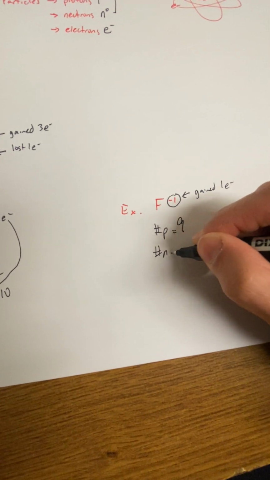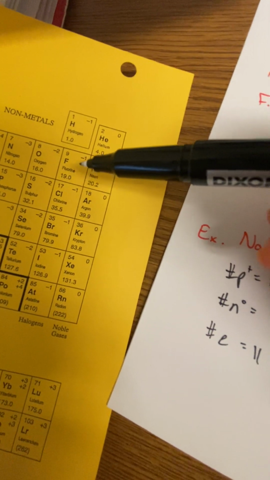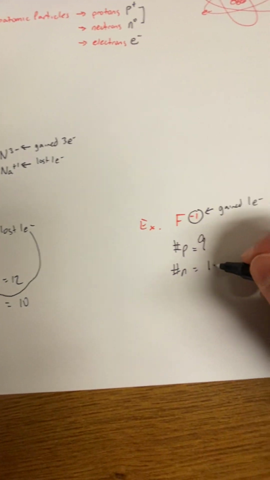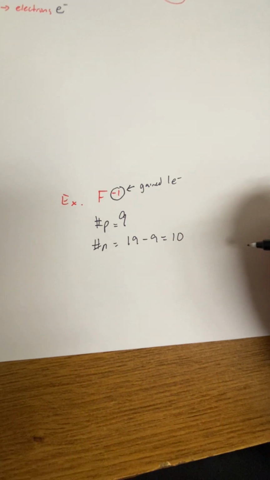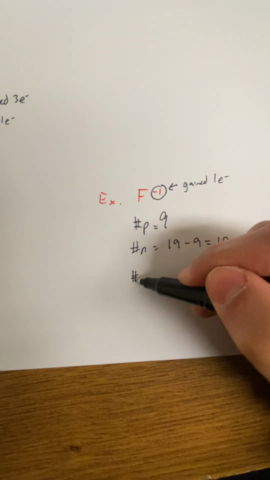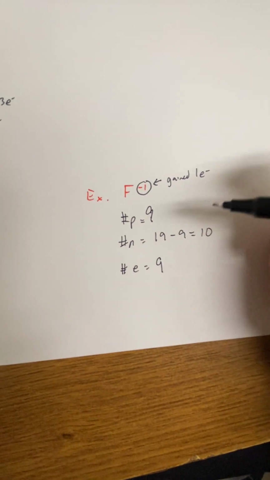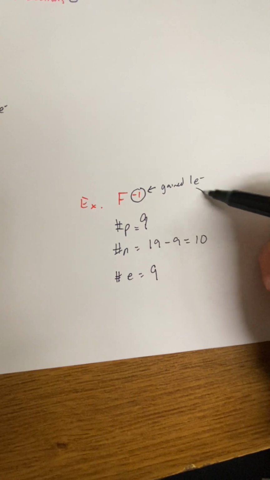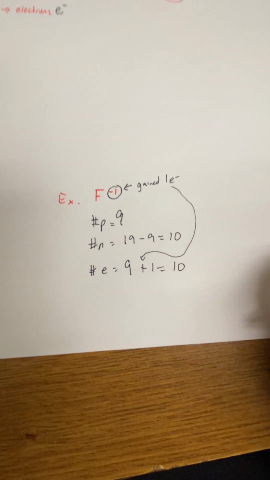To find the number of neutrons, I need to take the atomic mass and subtract the number of protons. The atomic mass is 19, subtract 9, and fluorine has 10 neutrons. To find the number of electrons, it should be 9 to match the positives and the negatives. However, I've gained an extra 1. So instead of 9, I have 10 electrons.